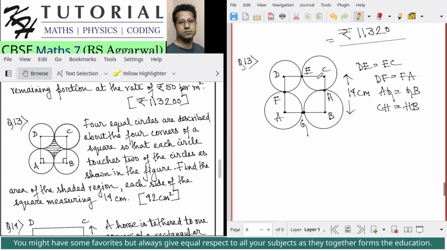Now, all the 4 circles will be of the same size, that is, the radius will be the same. Let's say these are all r, small r, where this small r is the radius of all the 4 circles. We have to find the area of the shaded region.